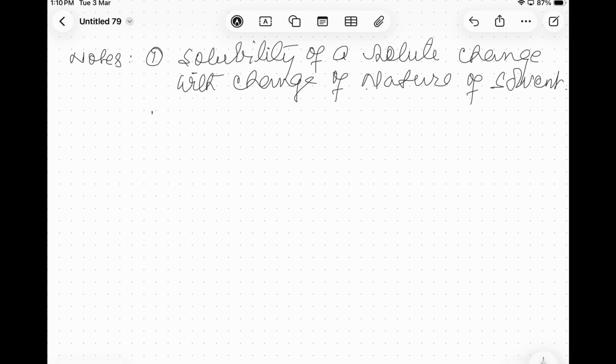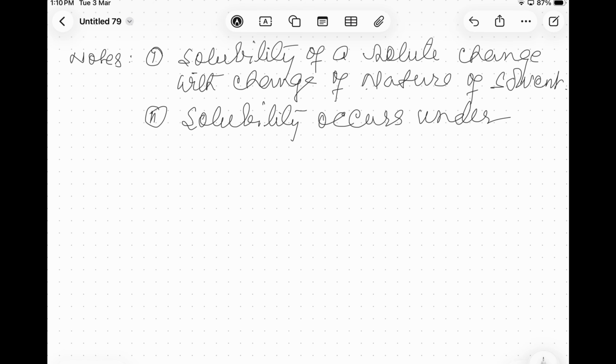Point number two, solubility occurs under dynamic equilibrium.